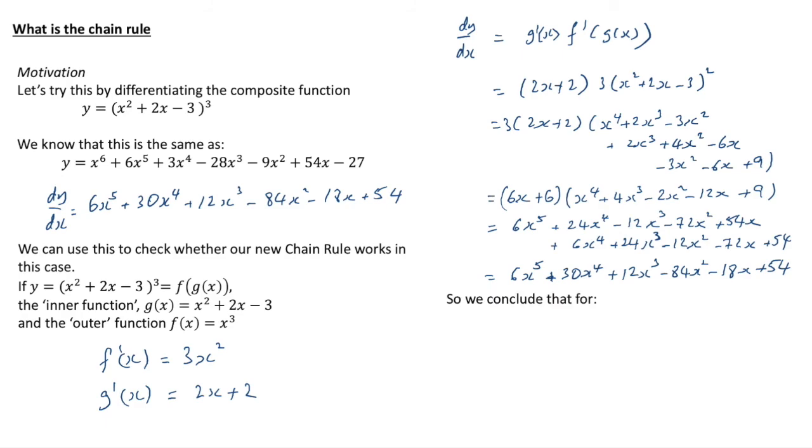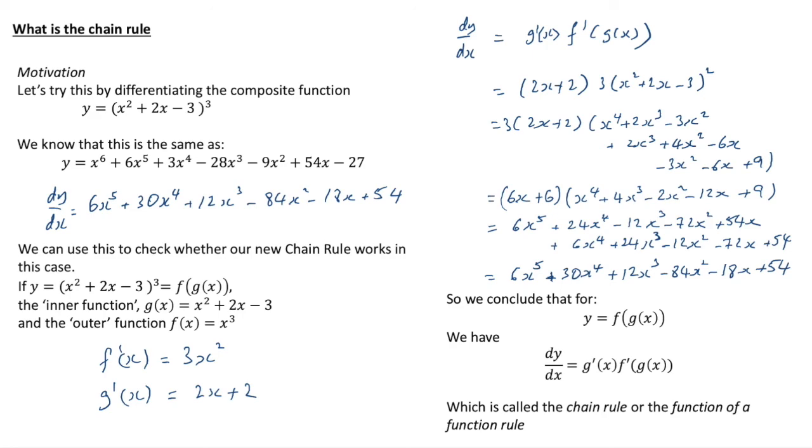So we conclude that for the function y equals f of g of x, we have dy by dx is g dashed of x times f dashed of g of x. And that is called the chain rule, or the function of a function rule.